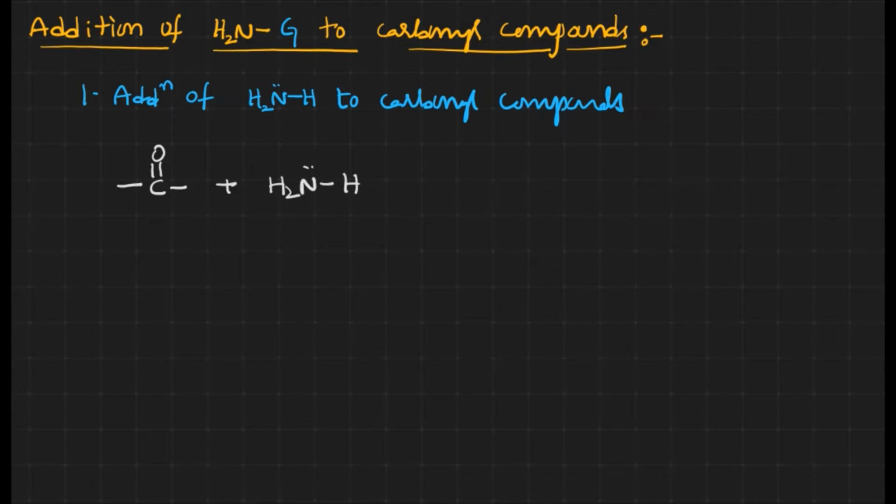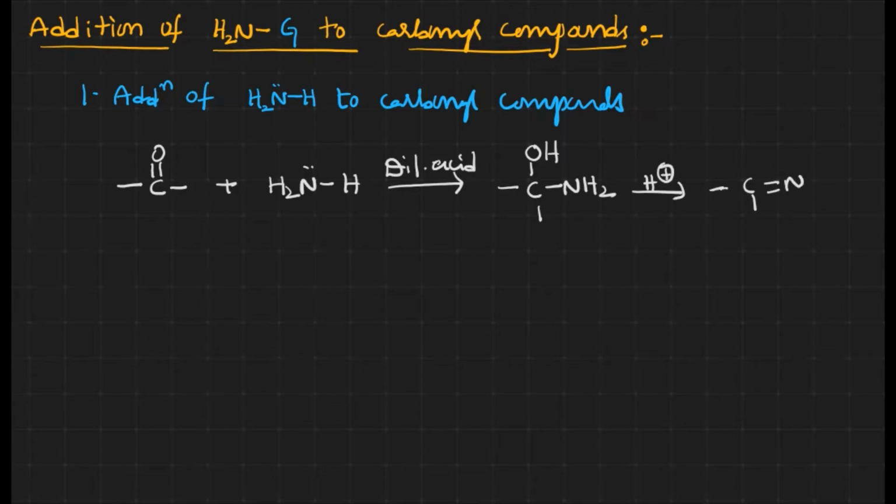In the presence of dilute acid, not base, dilute acid, what we will get? We'll get a kind of structure something like this, OH and NH2. And further reaction, what happens? Formation of this kind of structure, it is going to be something like this, NH, right?